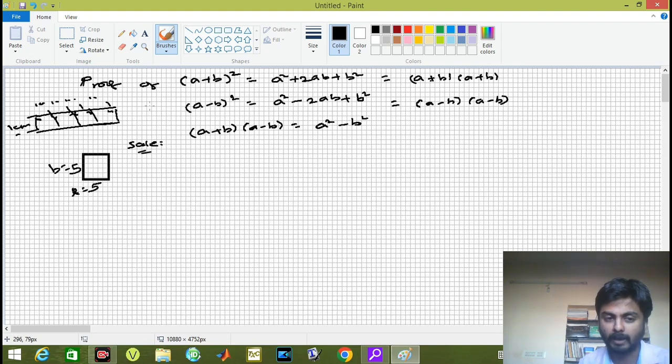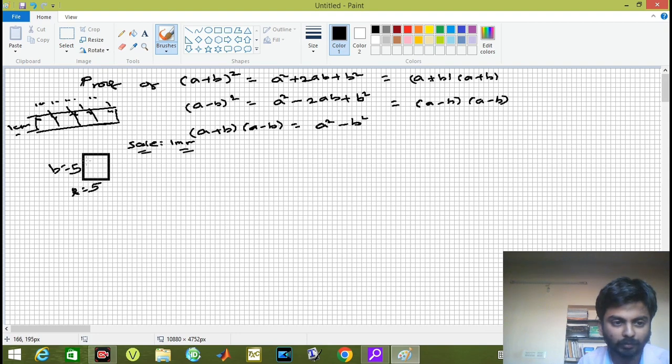In this we can say that each box, in the x-axis, will consume approximately 1 millimeter. See, 1, 2, 3, 4, 5. Here also the breadth 1, 2, 3, 4, 5.